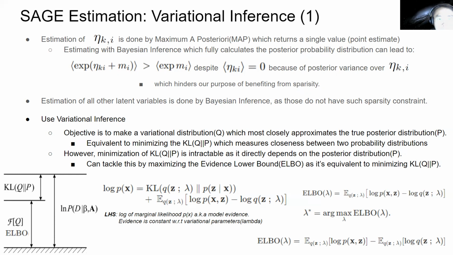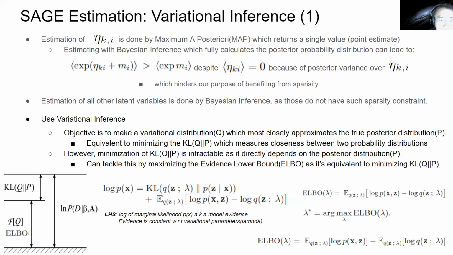That can be done by the maximum a posteriori, the MAP, right? We are using MAP instead of MLE, the maximum likelihood estimation, because we are combining with priors. That's the point.